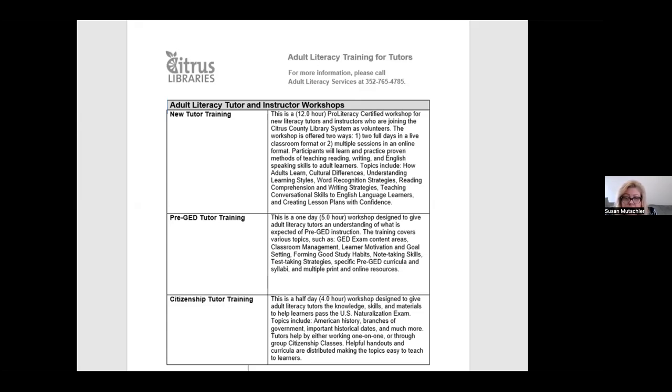Participants will learn and practice proven methods of teaching reading and writing and English speaking skills to adult learners. Topics include how adults learn, cultural differences, understanding learning styles, word recognition strategies, reading comprehension and writing strategies, teaching conversational skills to English language learners, and creating lesson plans with confidence. So that's the actual description I've used many times.